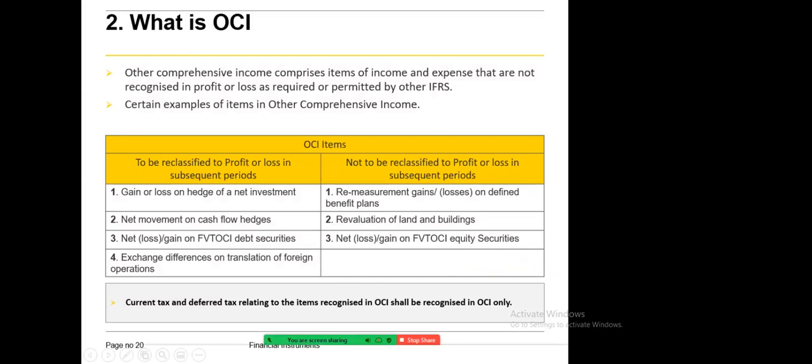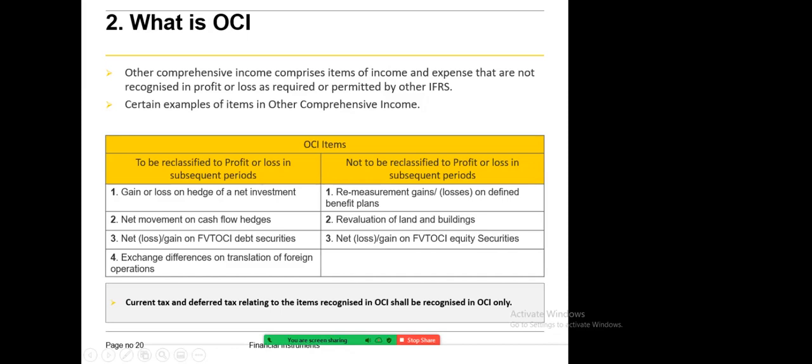So these are the things that have been prescribed by the accounting standards. Net movement on cash flow hedge, net gain or loss on FVTOCI debt instruments, debt securities, exchange difference on translation of foreign operations. So these are the items which will be reclassified to P&L in a subsequent period.